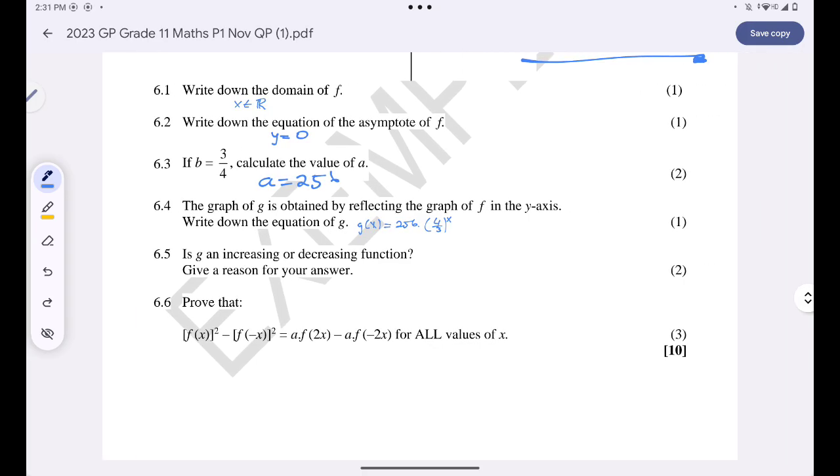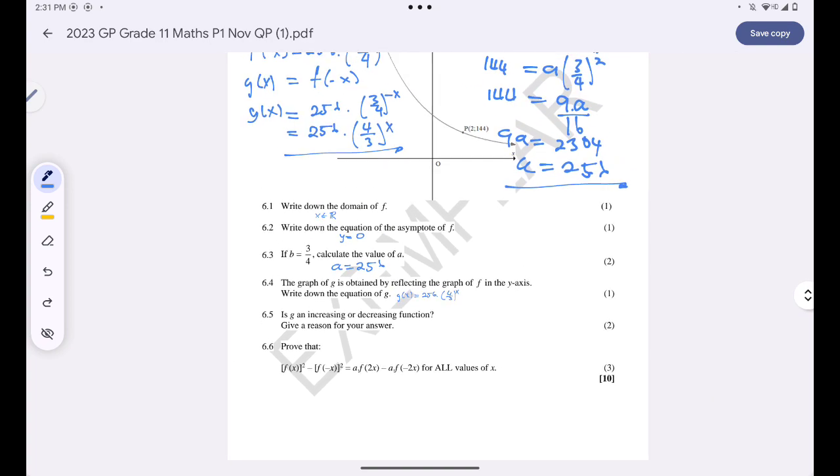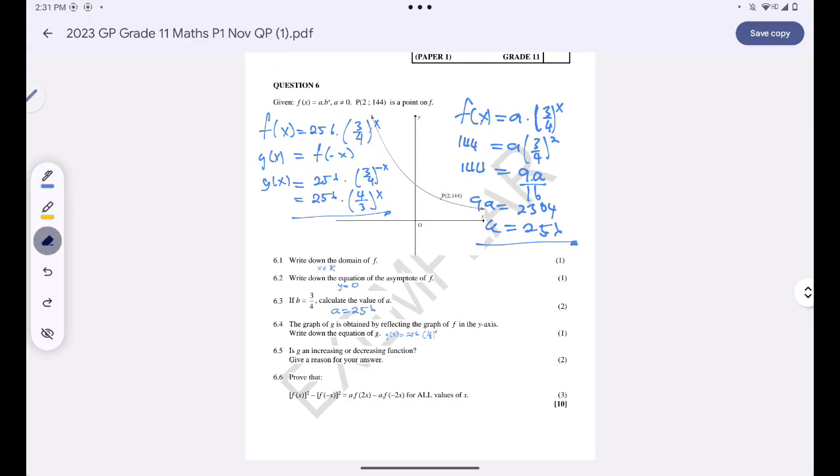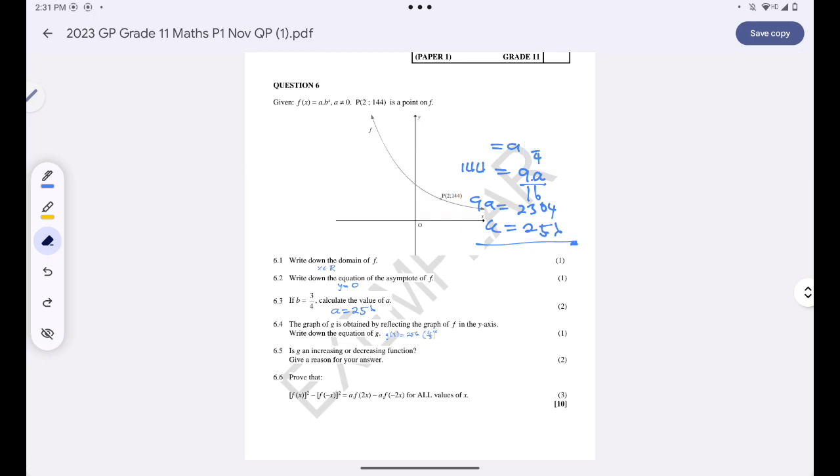Okay, is g an increasing or a decreasing function? If you draw the graph of g, the graph of g is the reflection of the graph of f on the y-axis, right? Which simply means that the graph of g will be like this, because it's reflected on the y-axis.